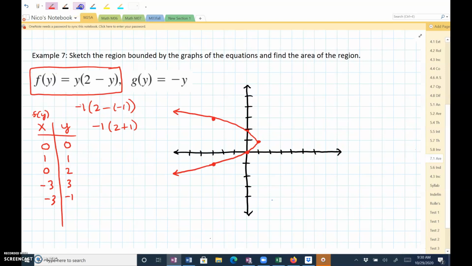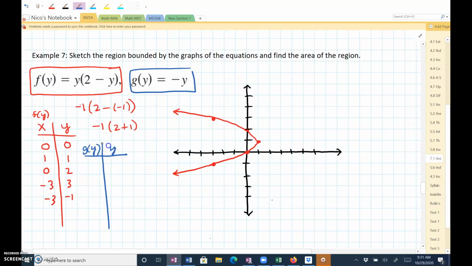Then let's graph this other function. Again, it's going to be g of y, comma y, where this is really the x values. So let's start with 0, 0, 0. 1, negative 1, and it's linear, so that's all I need.